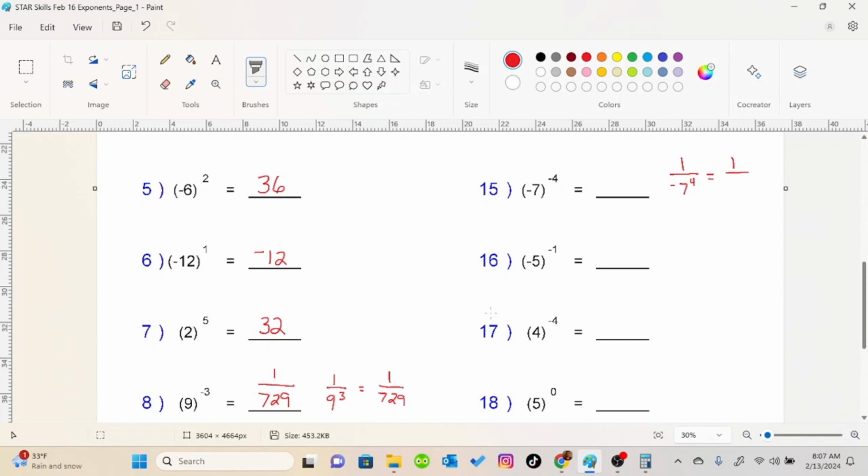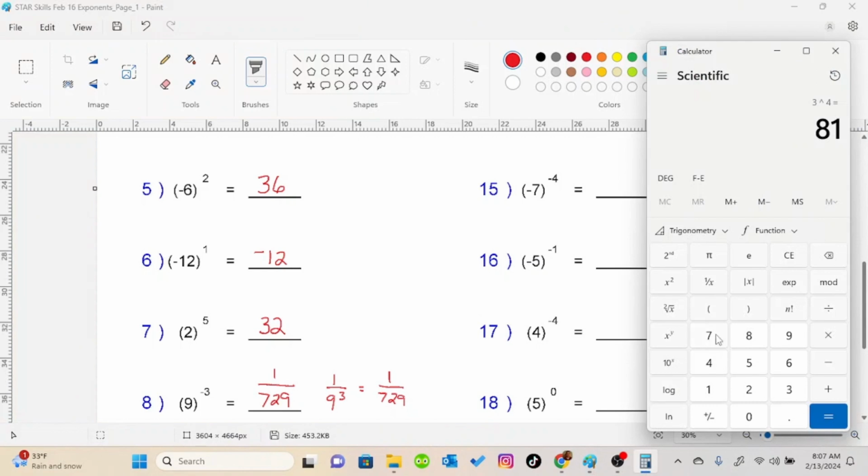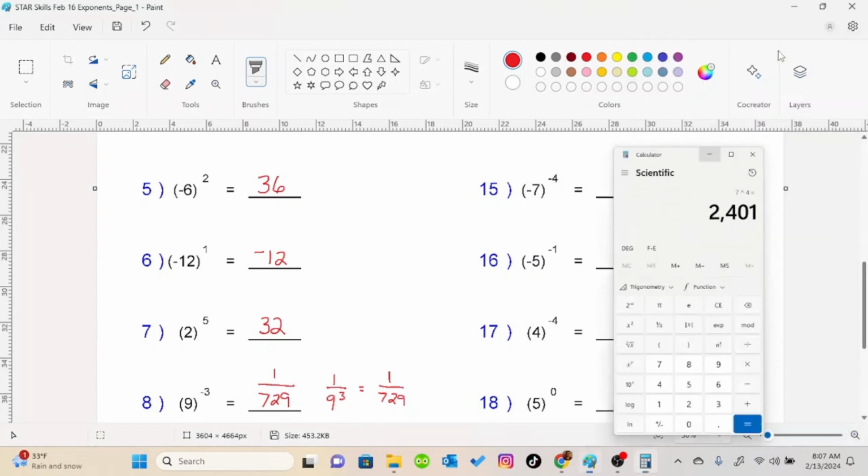So we have 7 to the power of 4. And our answer is 1 over 2,401.